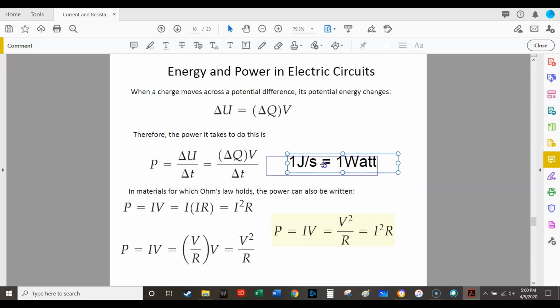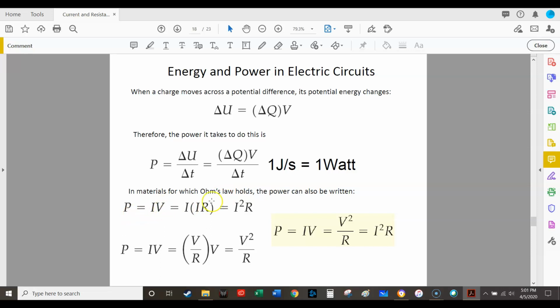And that's what power is. So when you look at a light bulb, it has a wattage, and that tells you how much energy it's using for every second. So power in relationship to circuits is current times voltage.